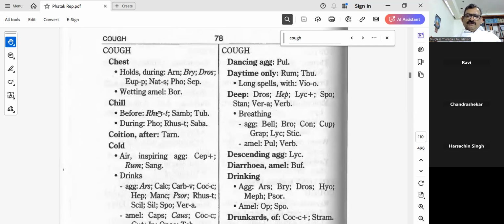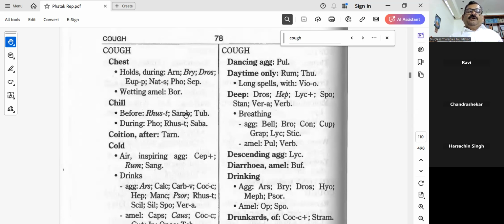Cough, chill before. So they get a chill, and after that they cough. If such a thing, they always give that complaint. They say, I will always get some shivering and chill, then after that I get a lot of cough.